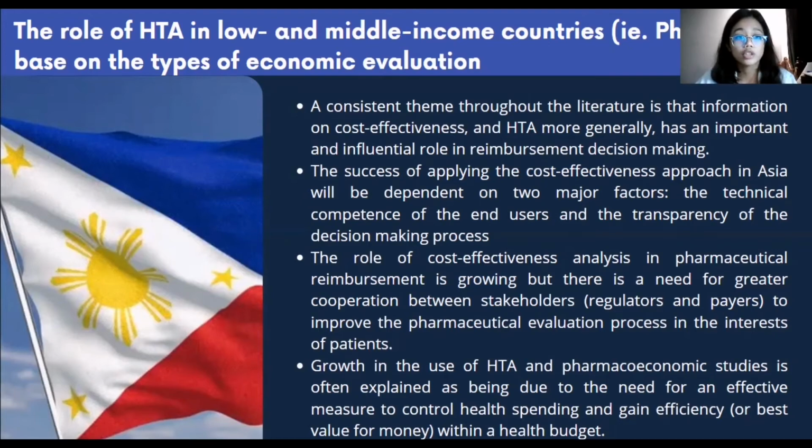The communication between the government or the regulators and the payers or the patients will result in less health expenditure, and we will also gain the maximum efficiency for the price that we pay for our own health.